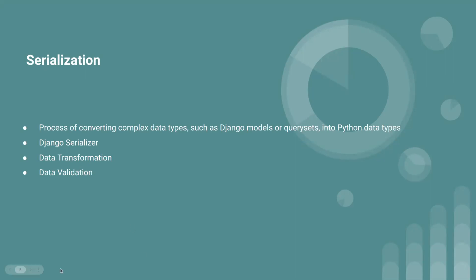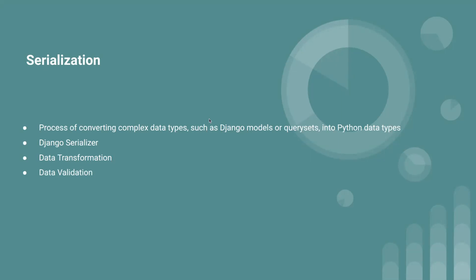Mainly, serializers have two use cases: data transformation and data validation. Data transformation is the transformation of complex data types such as Django model instances into a format suitable for rendering, typically JSON.